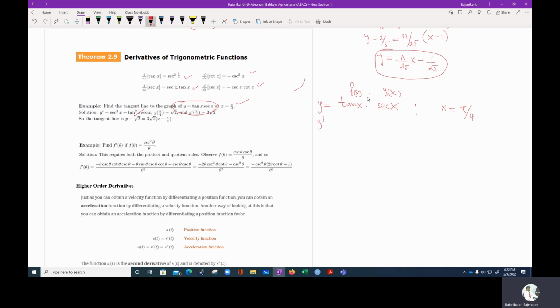You have to use the product rule, right? The product rule says y prime is nothing but f times g prime plus g times f prime. So if you use the product rule, what is the f function? That is nothing but the tangent function.